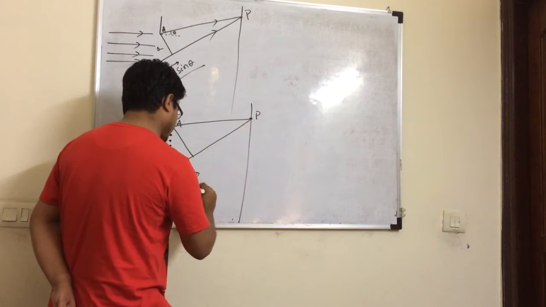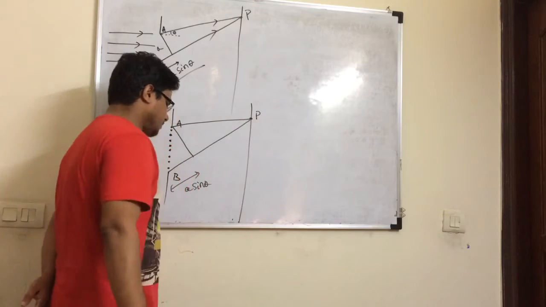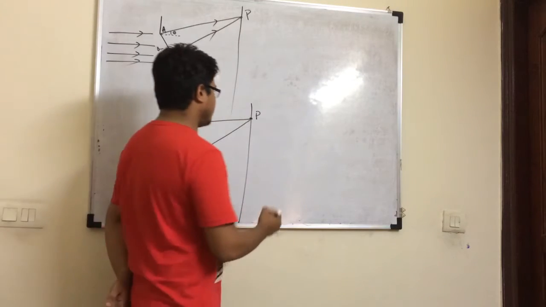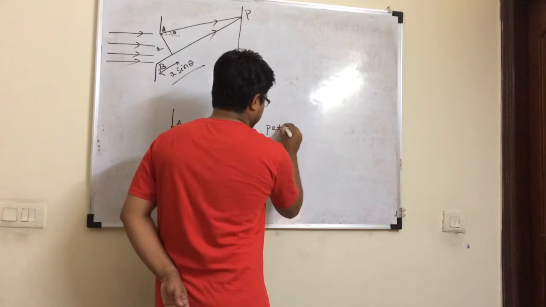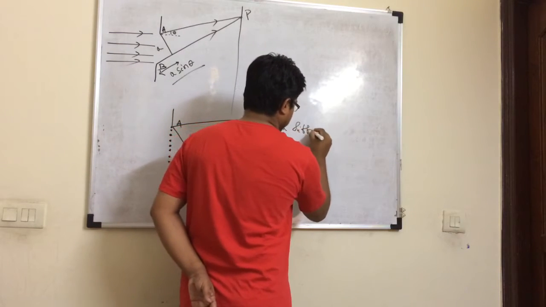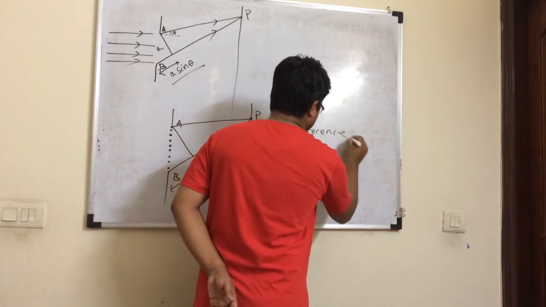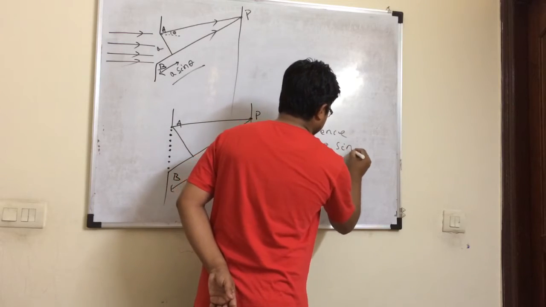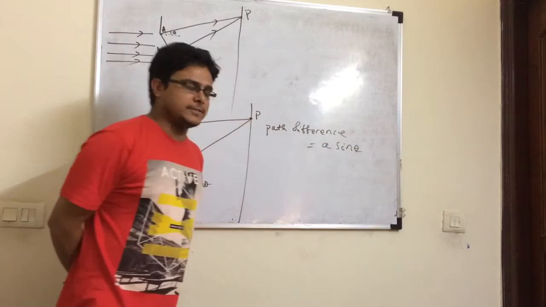So the path difference is equal to A sine theta, where theta is the angle of diffraction.